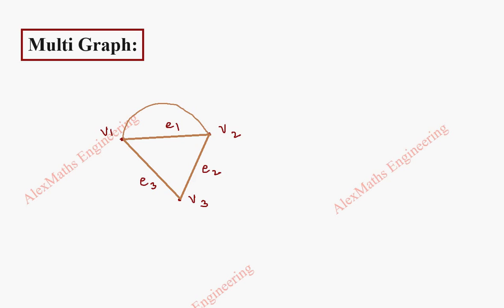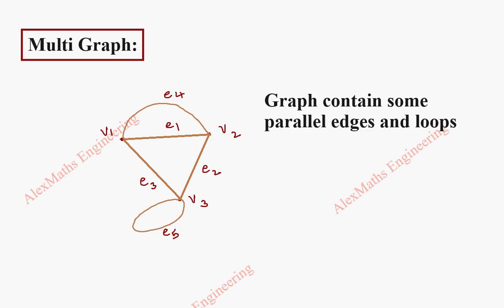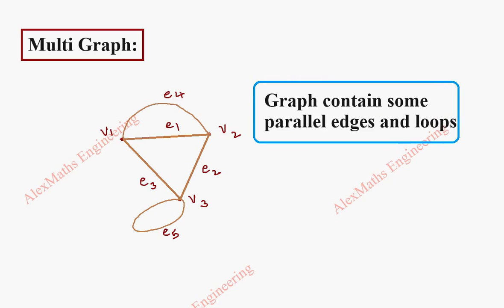So this is E4, and there is another edge which is connected only with V3. So this edge, let's name it as E5. So here we find parallel edges and loop. So such a graph which contains some parallel edges and loops is known as the multigraph.